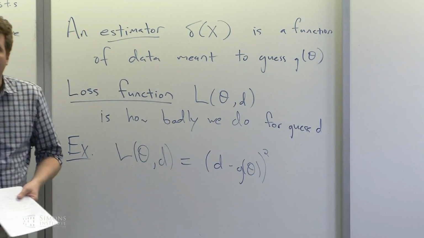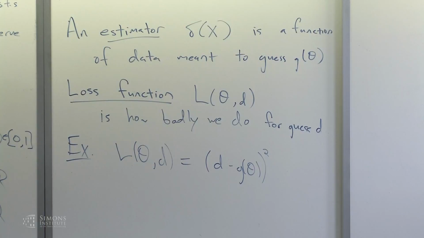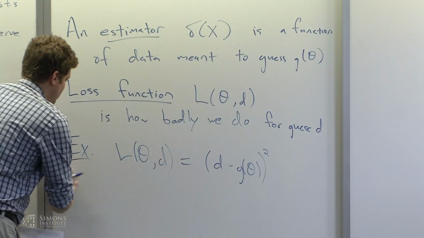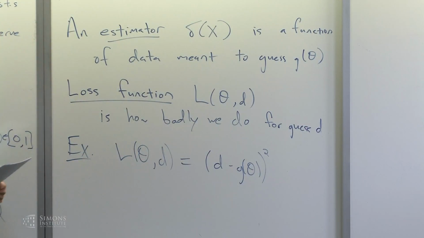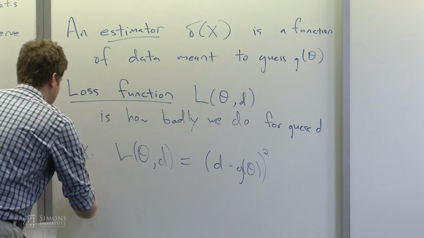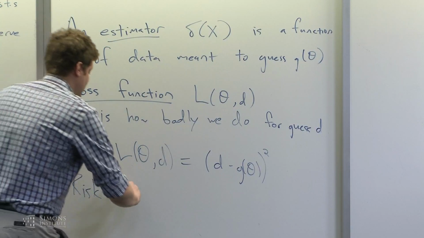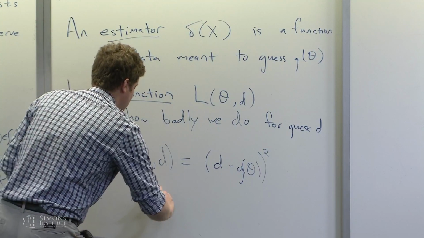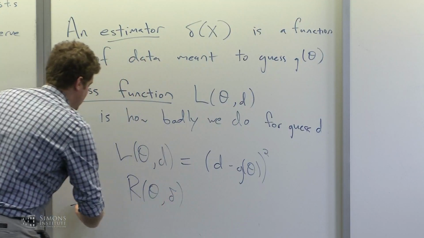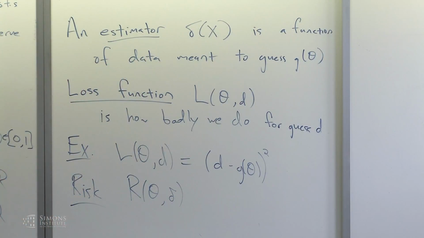And so we define the risk function, or the risk is like the expected loss function, or also like minus the expected utility function. So the risk, now, is a function not only of the parameter, but now of the estimator.